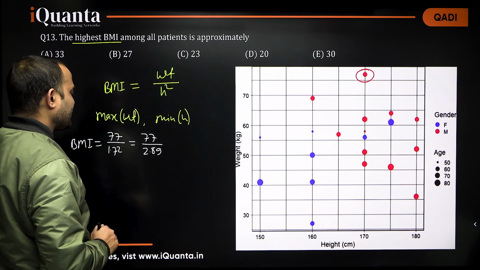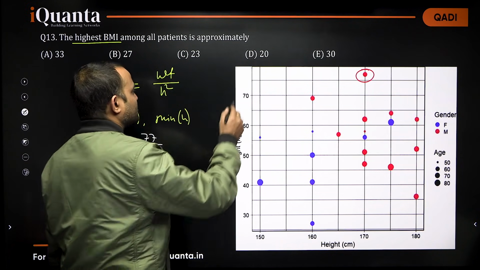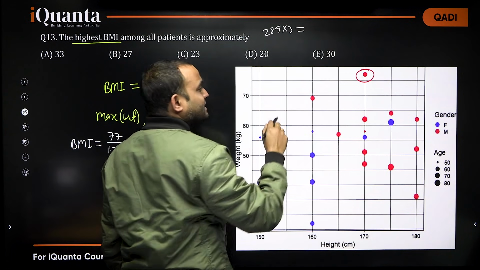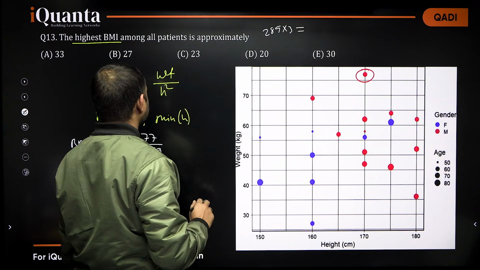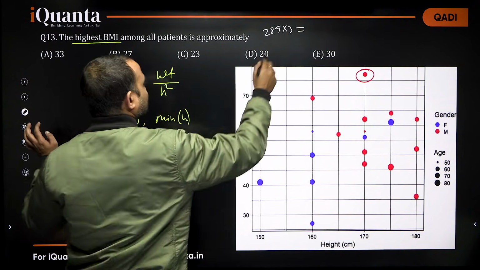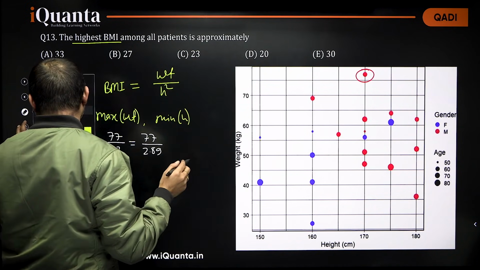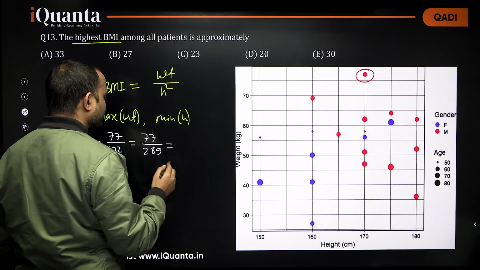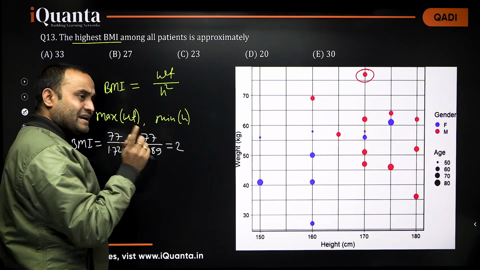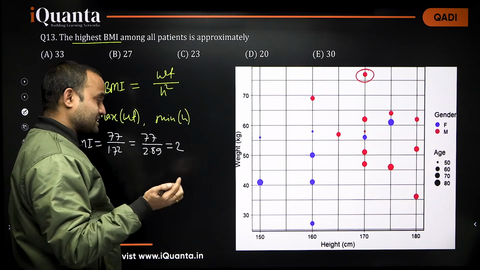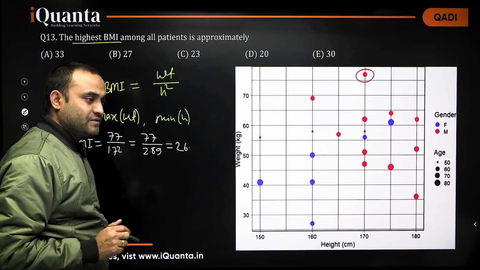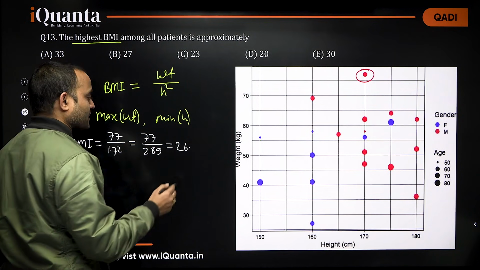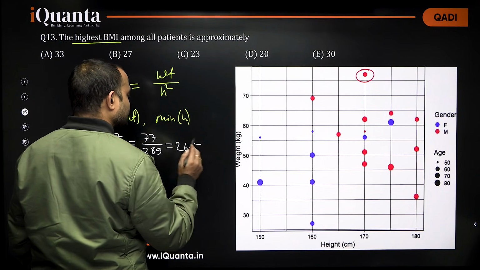If we divide this, we can take this 2.9. So 29 into 2 is 58, carry 19, 190, 29 into 6 is 174, 16 left, 160. So 29 into 5, 145. This is 29.5 something, right?